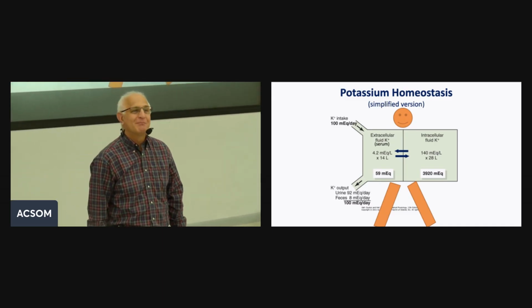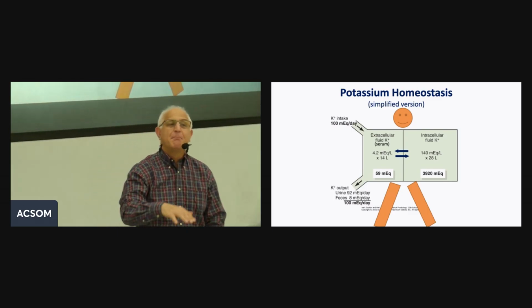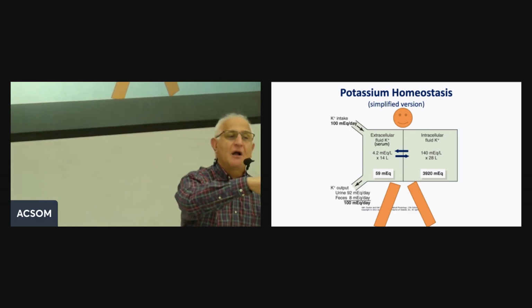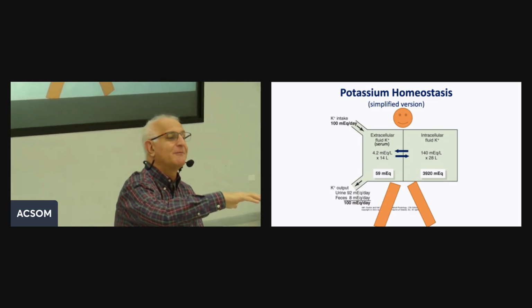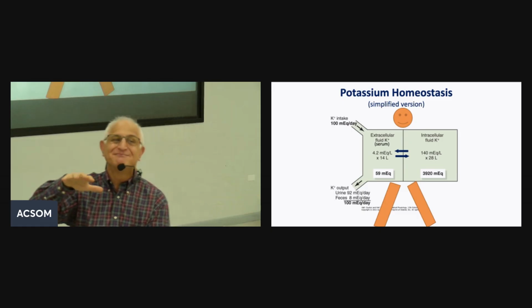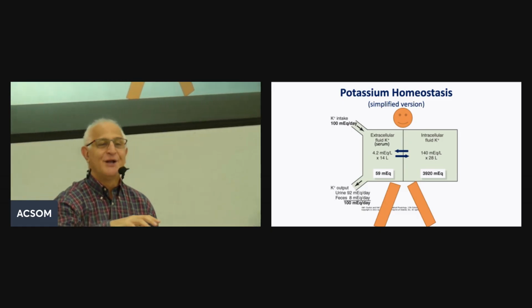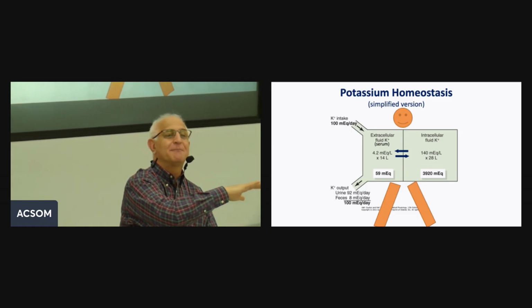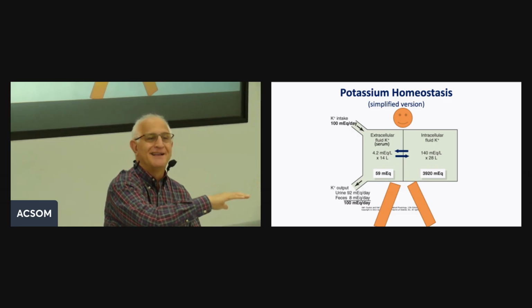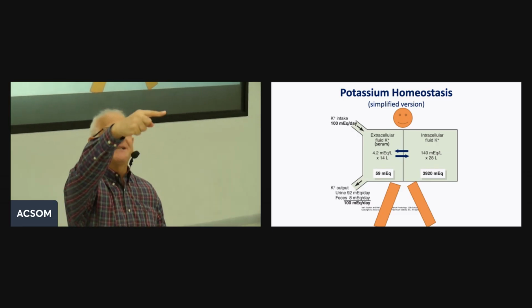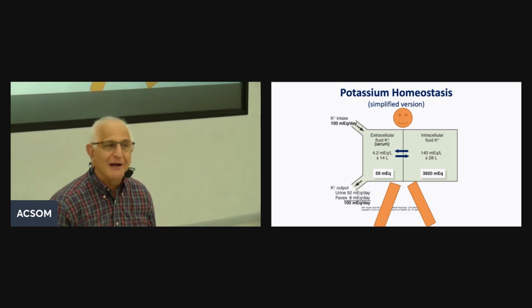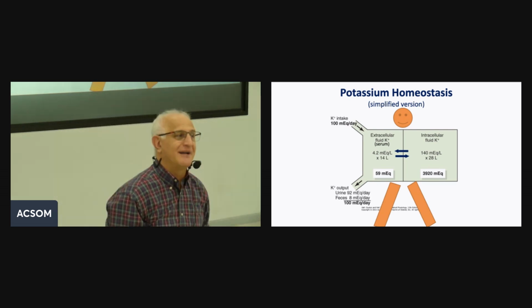You know what they do? They tell these people, bring us a jug of your urine from the last 24 hours. They take the urine, they go to the lab, they check the urine sodium. The urine sodium that is excreted over the last 24 hours is what has been taken in.